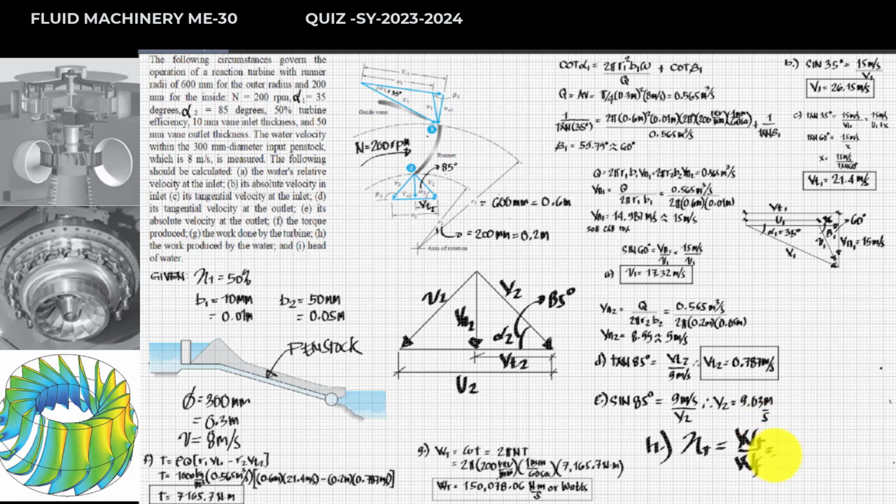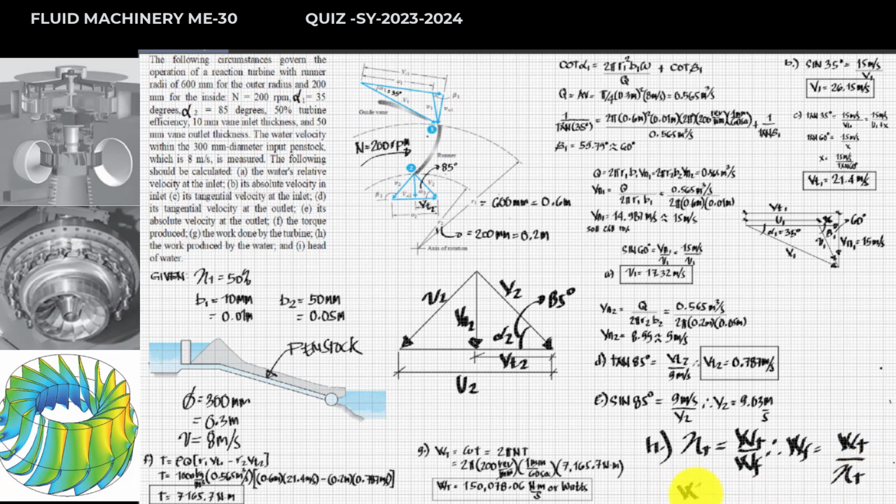For the work of the fluid, rectifying the equation, that will be the work of the turbine divided by the turbine efficiency.